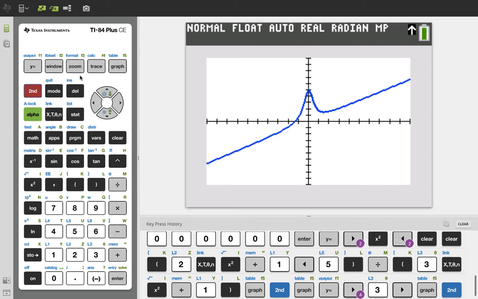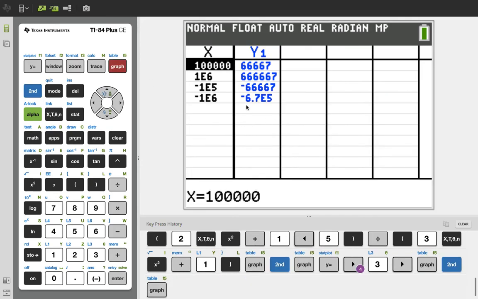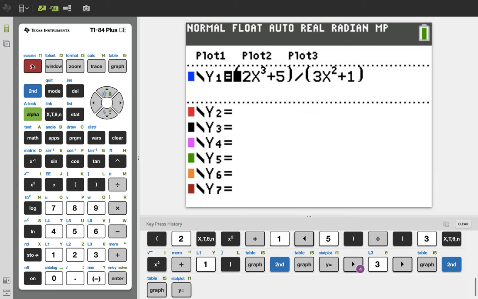And if we want to confirm this, again, we can go to the table here. And I can see when I plug in 100,000, I get 66,667. When I plug in a million, I get 666,667. That's not approaching a single number. It's just getting bigger. And here I got negative 66,667, and then I also have negative 666,667, and so those are just getting smaller, and we saw that on the graph.